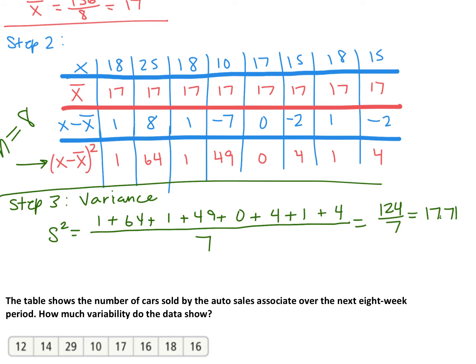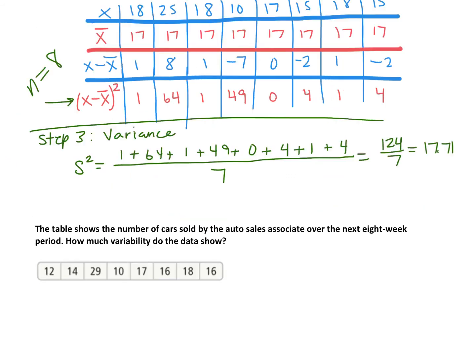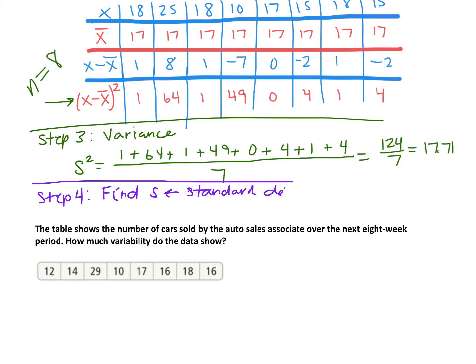Our last step is to find the standard deviation. So step 4, find the standard deviation, which is S. So let's just remind ourselves in our notes, that is standard deviation.